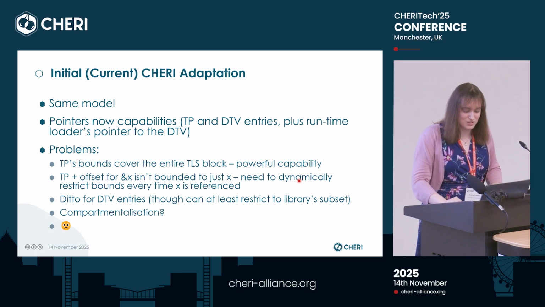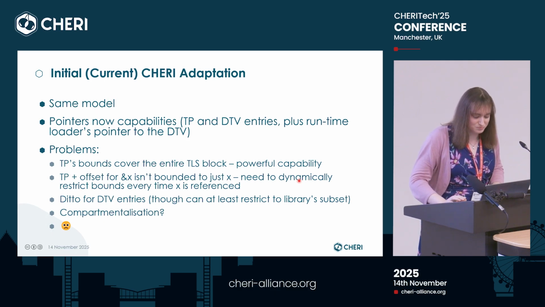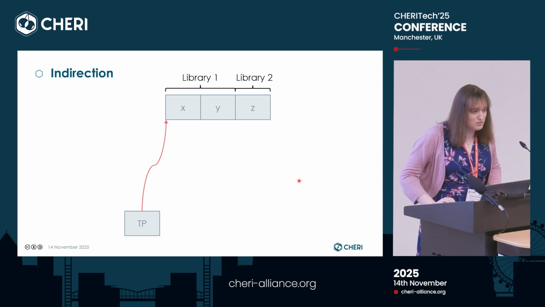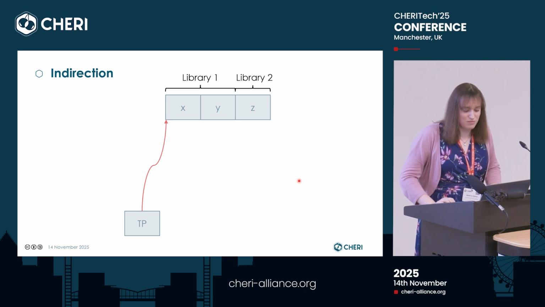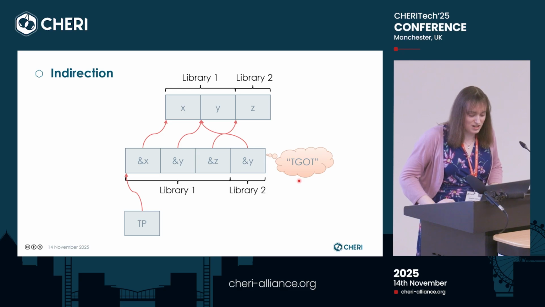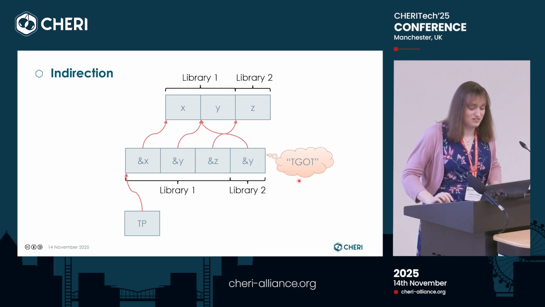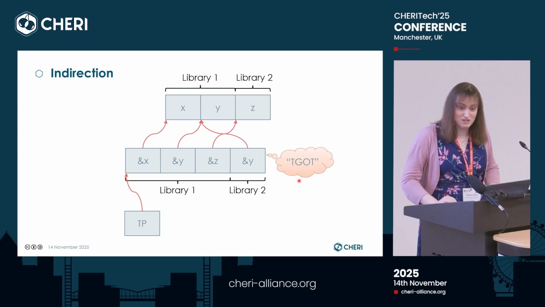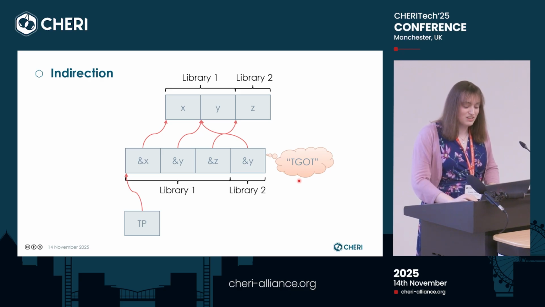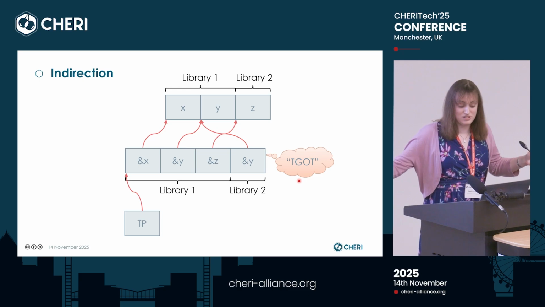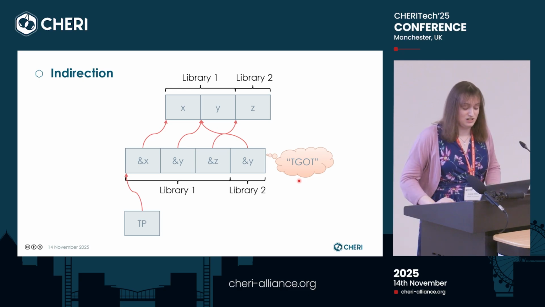So how do we solve this problem? Well, computer science has a great trick. It's called indirection. And this solves many problems, including this one. So if we introduce this extra level of indirection with this data structure that's dubbed the T-GOT, so we had the GOT for our globals, now we have the T-GOT for our TLS globals, and then we can store a table not of just the data, but a table of the pointers to get to all our different variables.